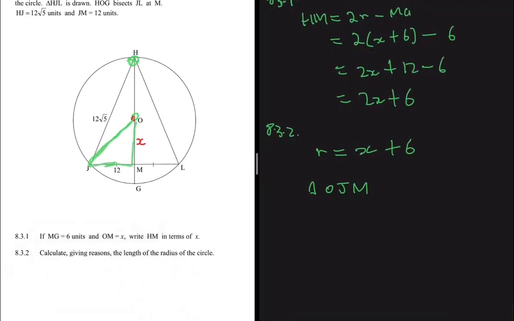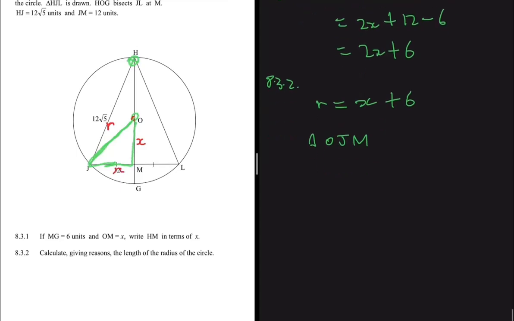We have the radius of triangle OJM, which is equal to the radius of the circle. So that will be x plus 6, and then we have 12 as the adjacent, and then x as the opposite, right?